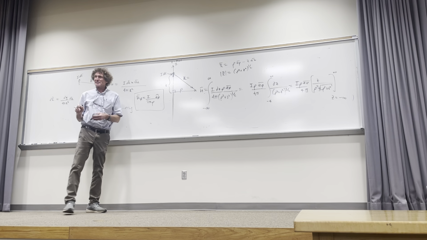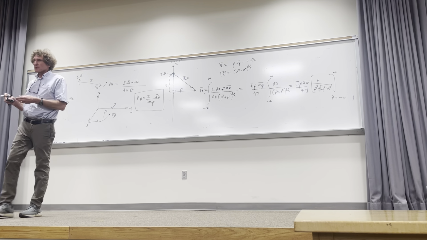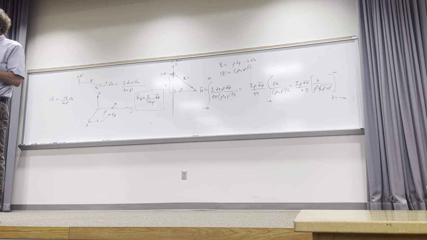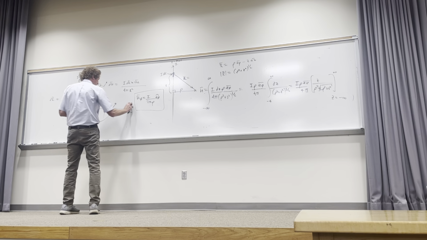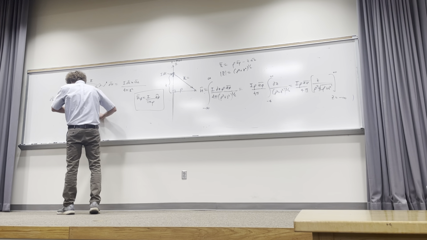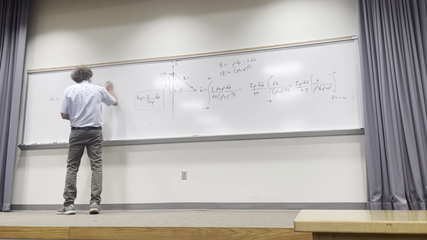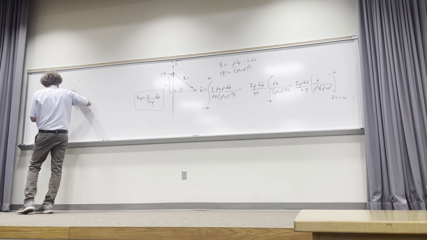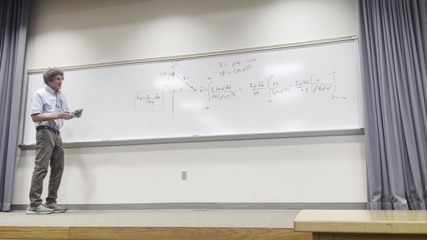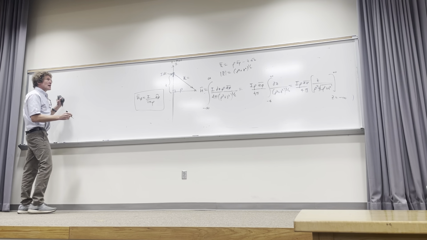Now, doesn't that look remarkably similar to the E field from an infinite line charge? Do you all remember that? I want to just contrast those two so you will have that in your memory. All right, that's for an infinite line current.